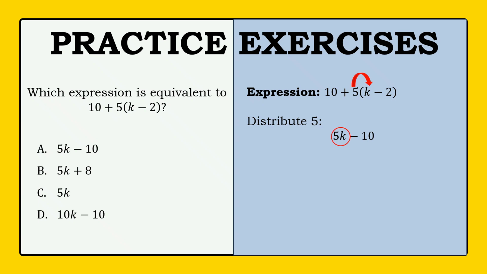So 5 times k is equal to 5k, 5 times negative 2 is equal to negative 10. Next, add 10. So 10 plus 5k minus 10 is equal to 5k. So here, 10 minus 10 is equal to 0. So our final answer is letter C.